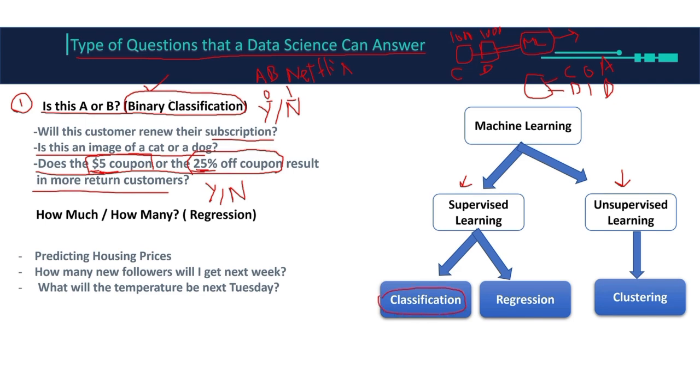I wanted to explain binary classification first, and then I'm going to come to this image. So we have something called machine learning, and in machine learning we have, instead of two, this is 1 and this is 2, we have 3 and 4, but I'm only going to cover 2. I'll tell you why.